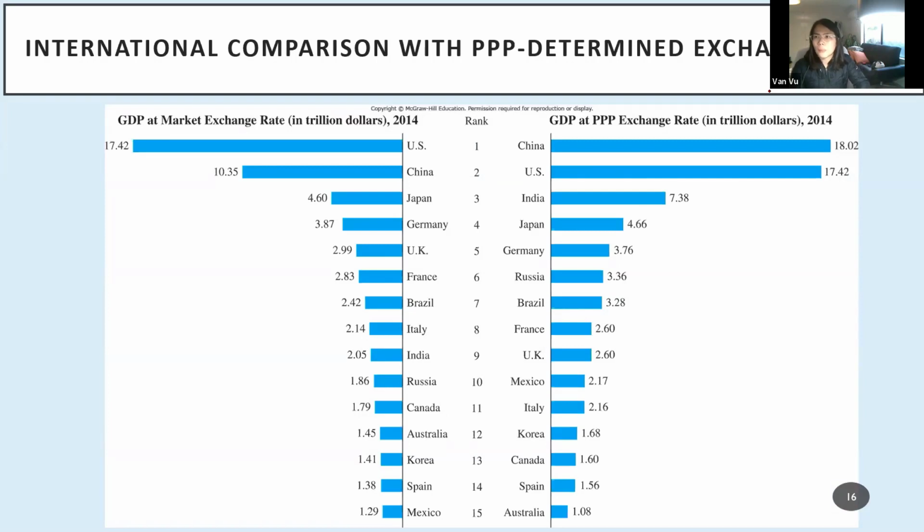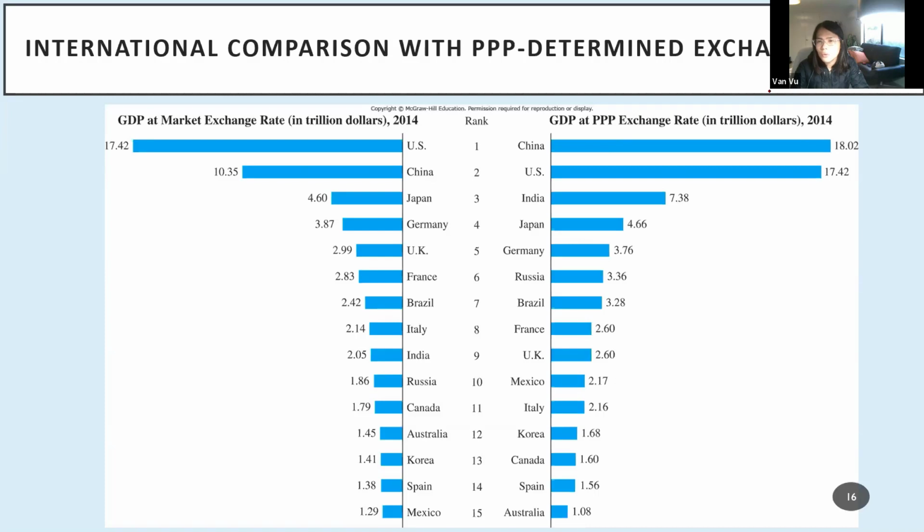Okay, so what else do we use the PPP for? We mentioned before that the PPP gives us an indication of the fair value of an exchange rate. So when we use the PPP, we can tell what the fair value of the exchange rate is.